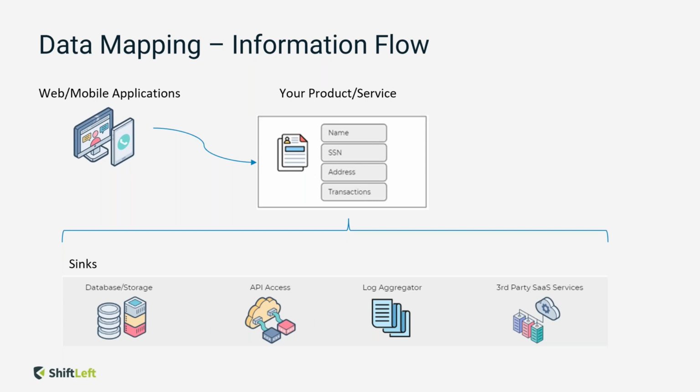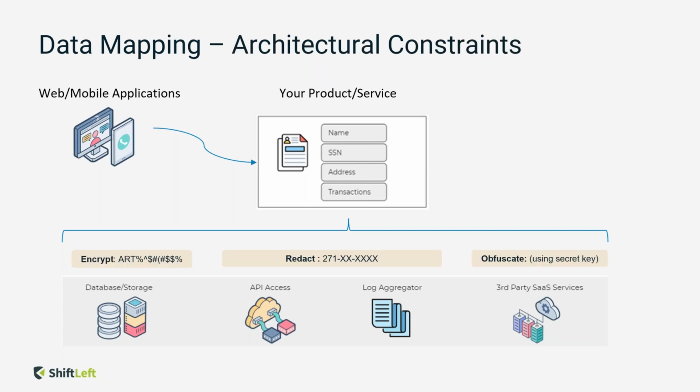Now, once you've identified this, is also to identify any architectural constraints that you have put in place. So for instance, if I'm collecting SSN and I'm writing it into my data store, I need to encrypt that information before it goes into rest. Right? Now, that is the architectural constraint you would put in place to ensure that you are compliant.